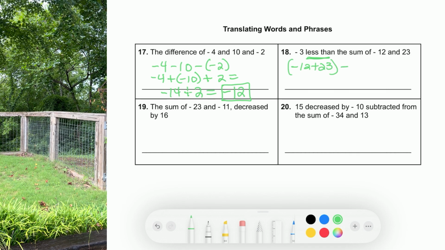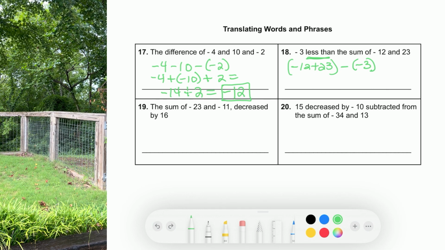That's in parentheses. Minus, that's the less than, negative 3. So don't forget to have that negative with the 3 as well. So when they say negative 3 less than, it's negative 3 less than the sum of negative 12 and 23. So make sure you don't forget that.